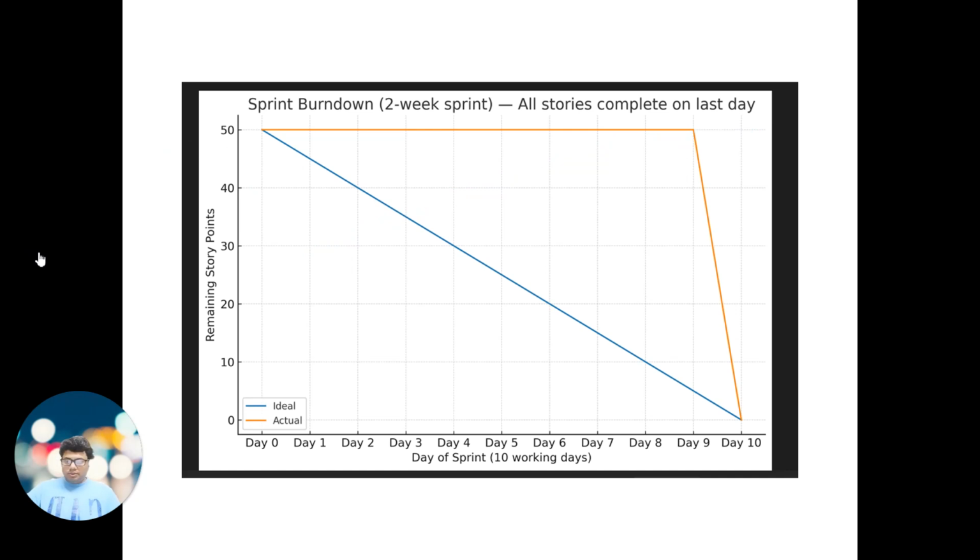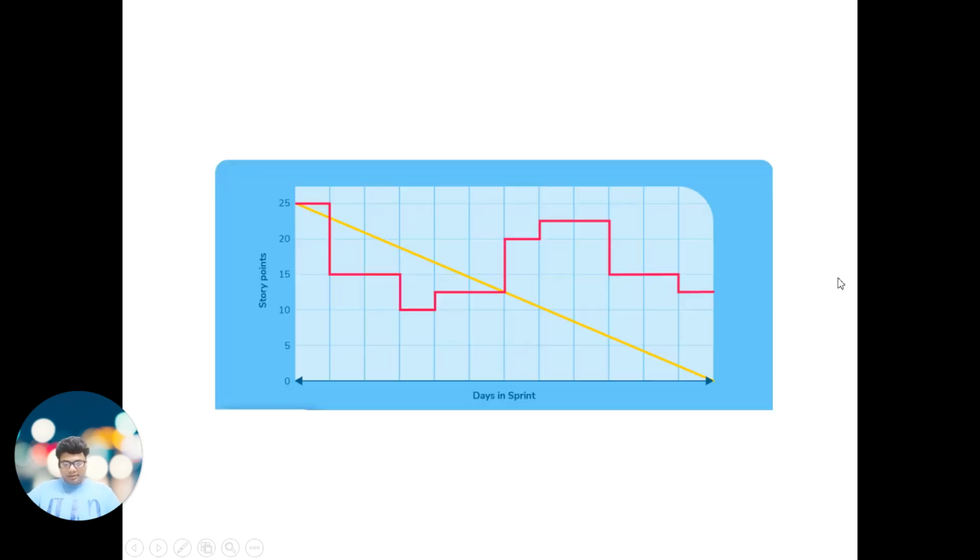Now let's move to another. What does it say? It shows that the team is able to burn 10 story points after a few days, and again the team was able to burn some more story points, right?